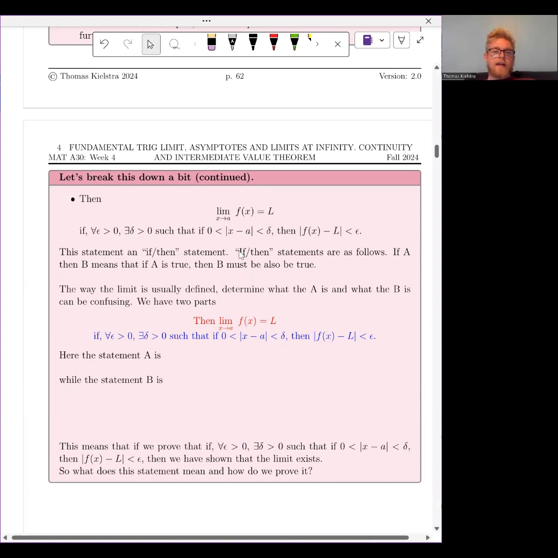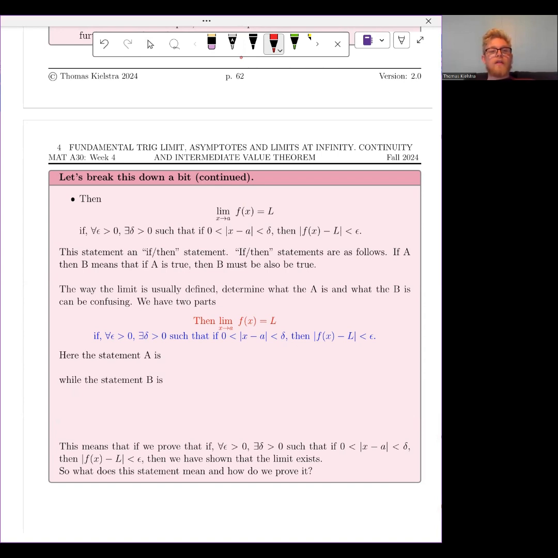This is an if-then statement. If-then statements are as follows. If A, then B means that if A is true, then B must also be true. The way that this statement is given here can be kind of confusing because we have a then if when it's really an if-then statement.